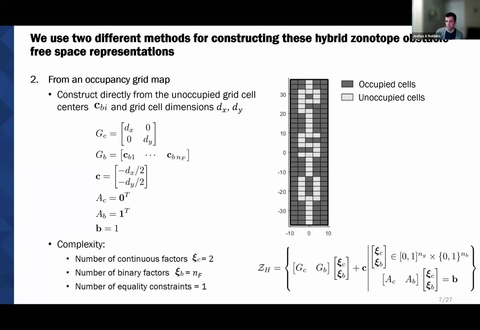And we can represent the unoccupied cells directly as a hybrid zonotope using these matrices and vectors that I'm defining on the left side of the slide here. And one thing to note here is the number of equality constraints and the number of continuous factors in our hybrid zonotope description does not scale with map complexity using this formulation.